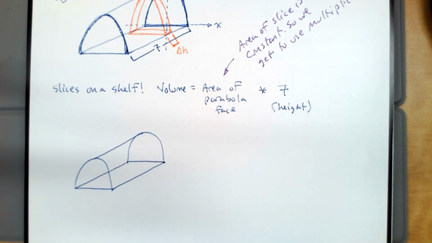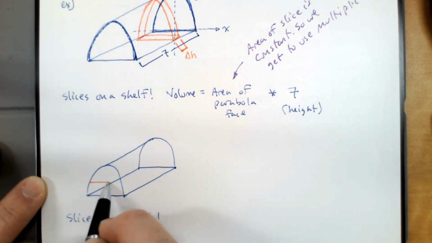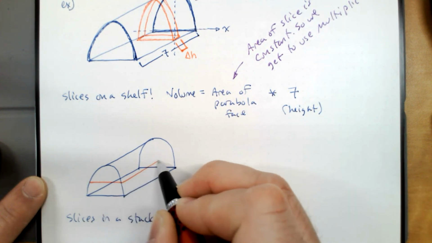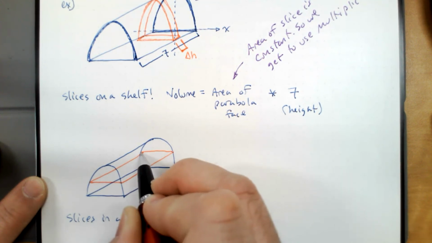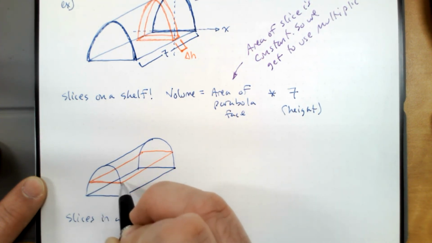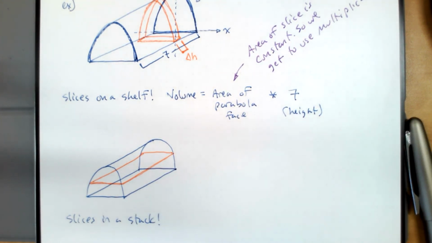If we slice this horizontally, we're going to get rectangular slices.